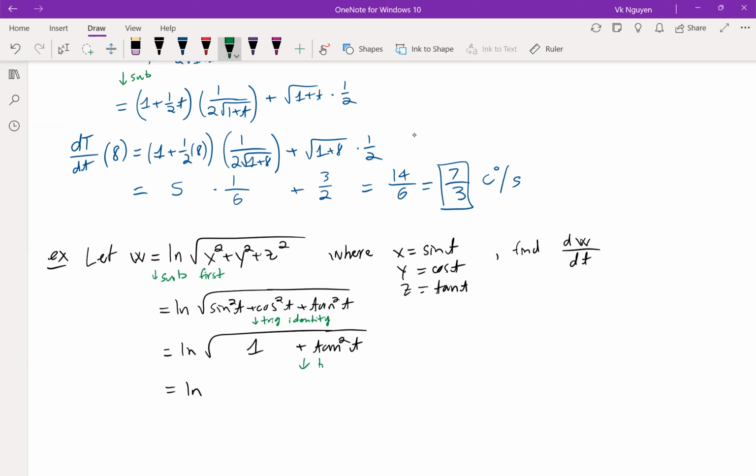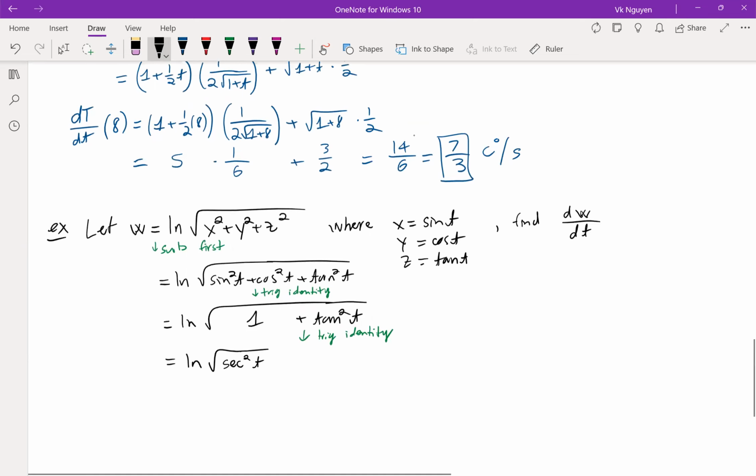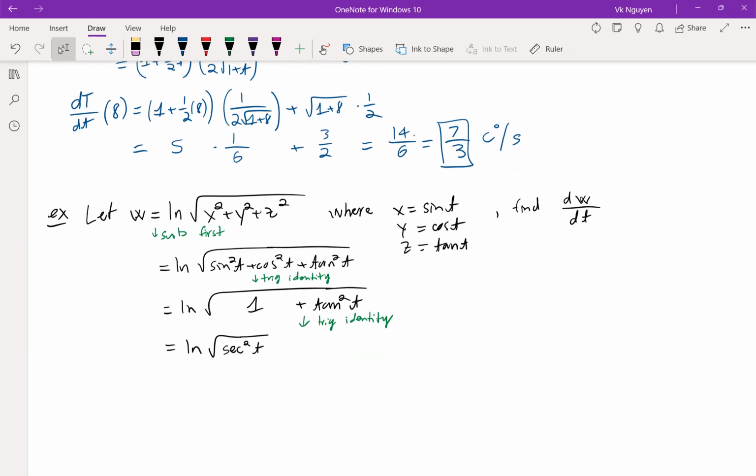Well, got to know a little trig identity: 1 plus tangent squared is secant squared. And ta-da! It looks like we're almost done here. The square root and the square are going to cancel each other out. So this is going to be ln secant t.